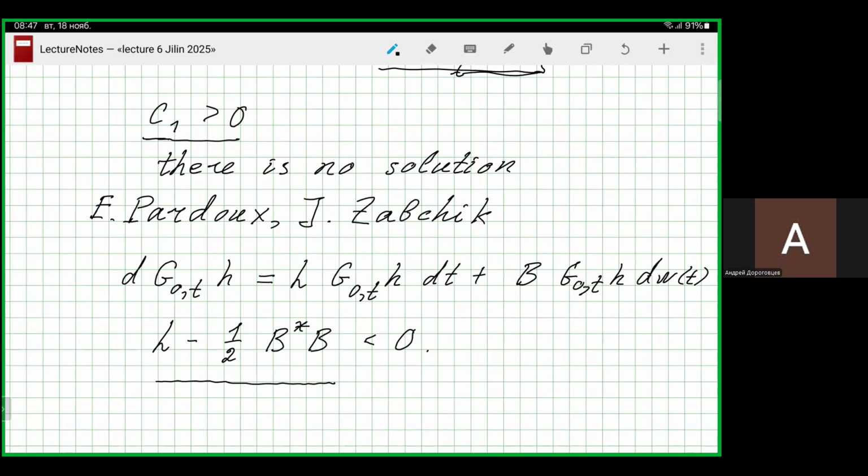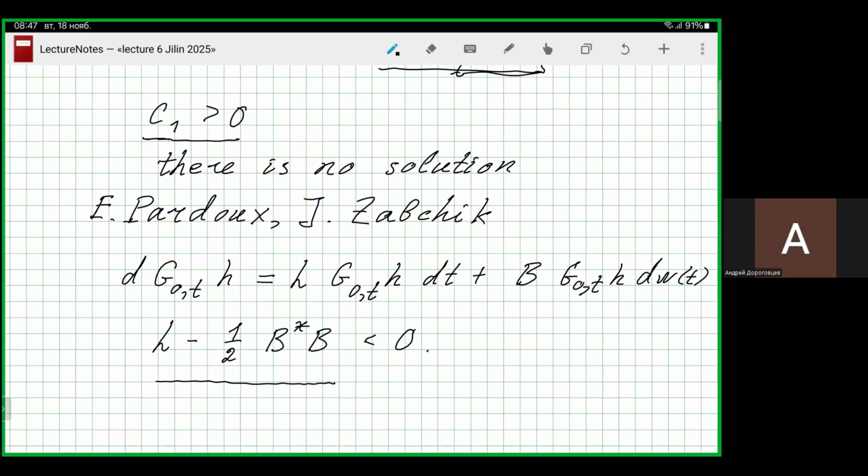Since a stochastic differential equation is a source of a stochastic semigroup, maybe when we have a stochastic semigroup, one can try to recover the corresponding equation.